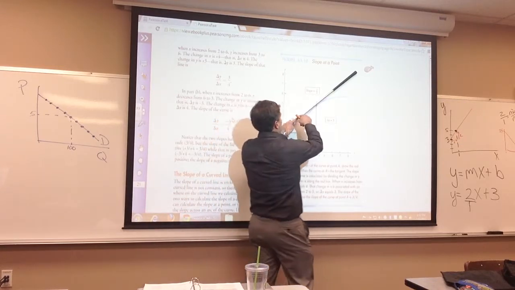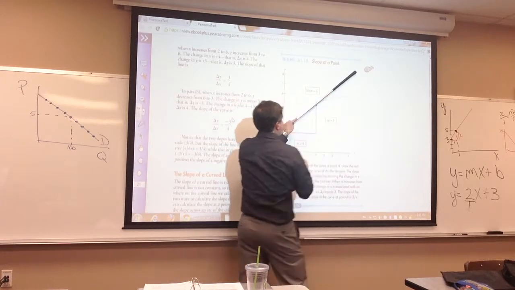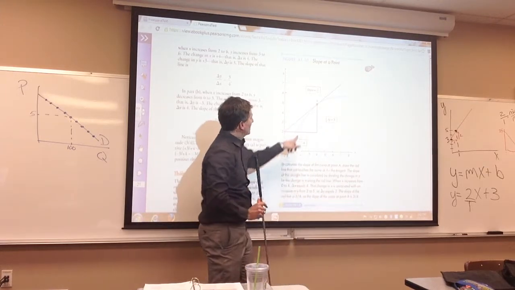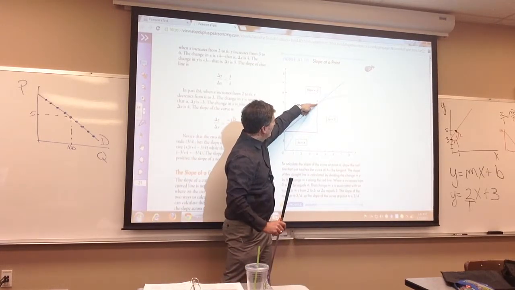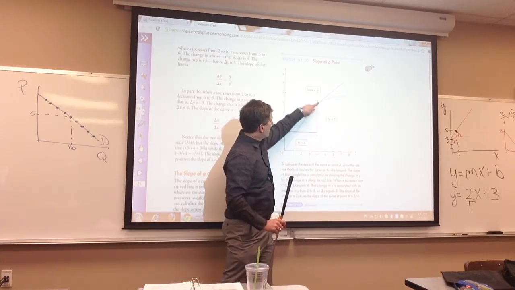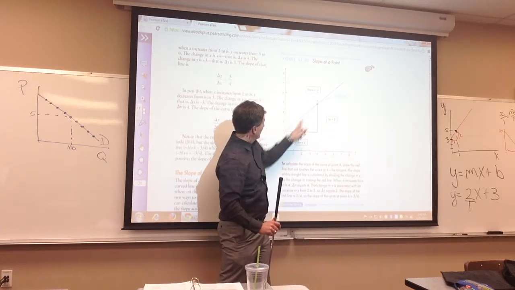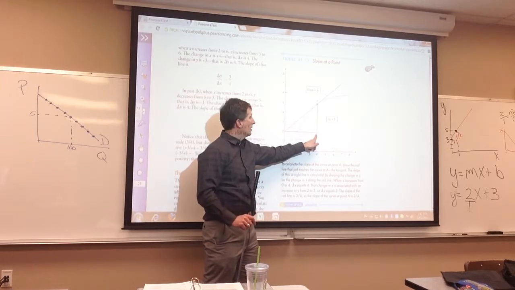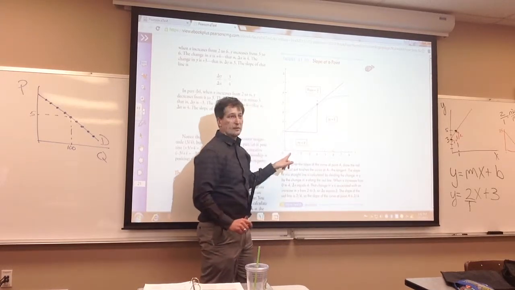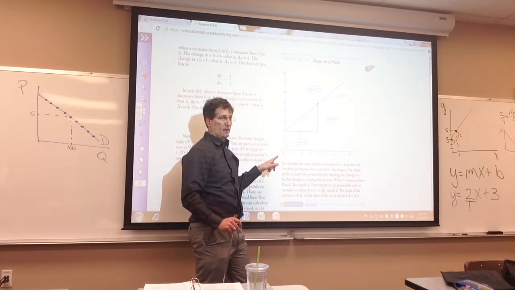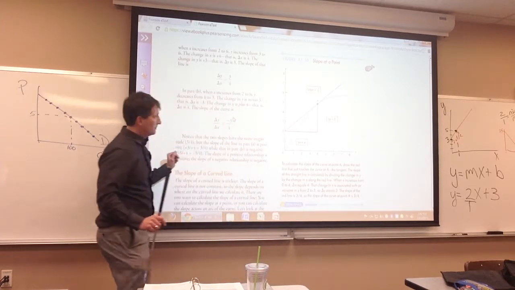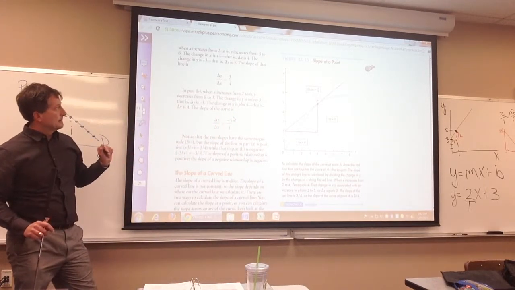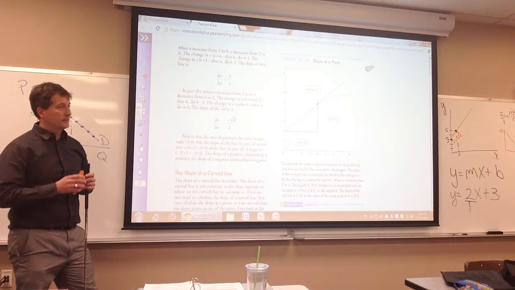And so what you're calculating is the slope of the straight line. And so the way they've got the numbers here, we're doing rise over run: 3, and we're running 4. So 3/4 is the slope. All right, good on that one?